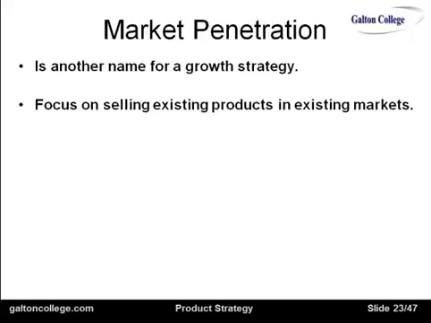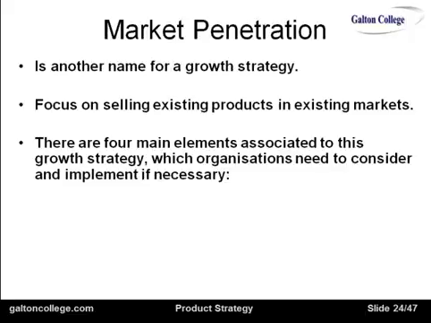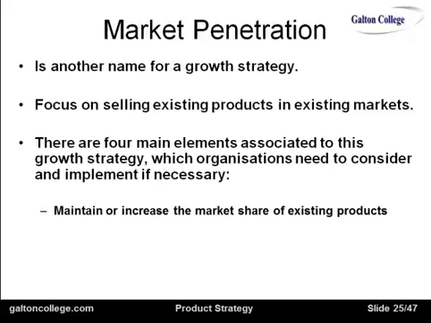The focus is on selling existing products in existing markets. There are four main elements associated with this growth strategy which organisations should take into account. That is to maintain or increase market share of existing products.